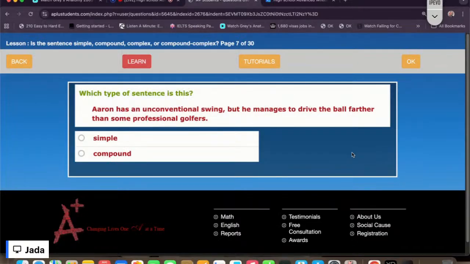Aaron has an unconventional swing, but he manages to drive the ball farther than some professional golfers. Single or compound?